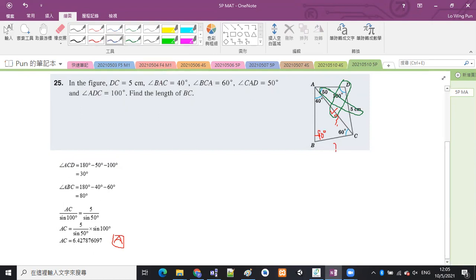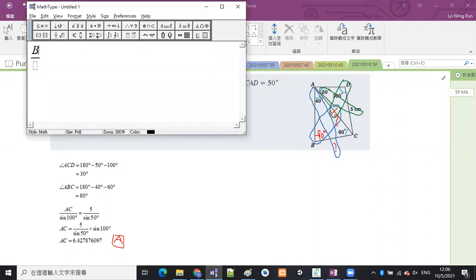We have one pair, AC and 80 degrees, and then we have the 40 degrees and the question mark. Among the four things, we know three of them, so we can calculate the fourth one.